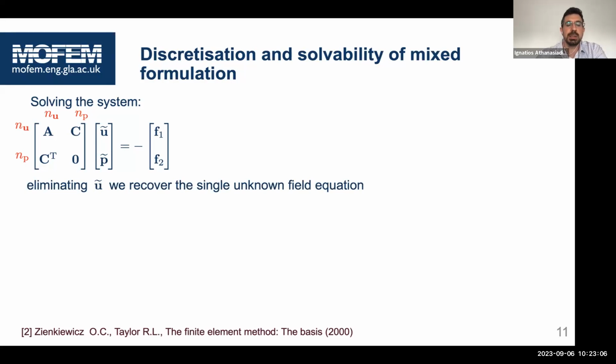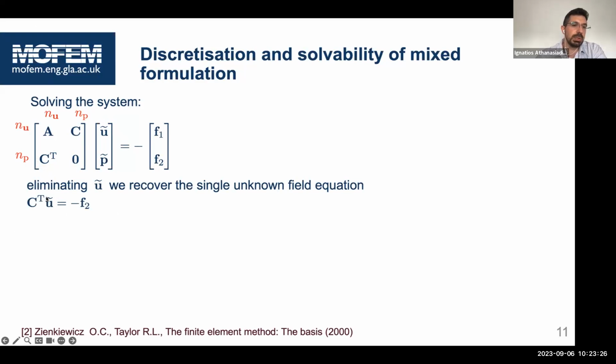So in the extreme case where we take into account incompressibility and 0 is present, we can perform elimination of one unknown by taking into account this multiplication. And by solving, multiplying this, there is a relationship that involves only U tilde.